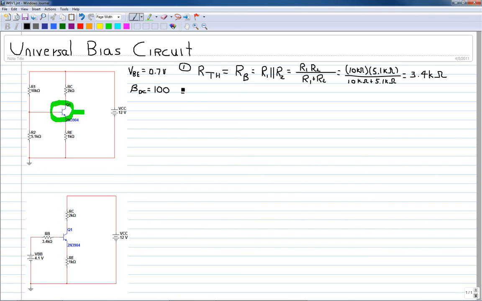So VTH, which is also equal to, and we will call it VBB, using the voltage divider rule, equals VCC times R2 divided by R1 plus R2.